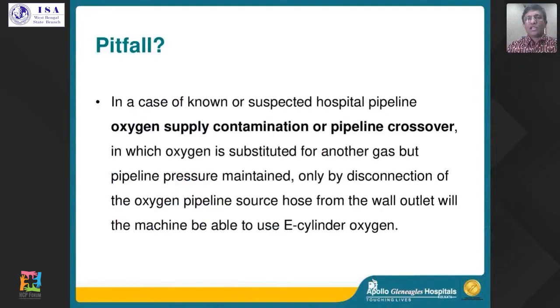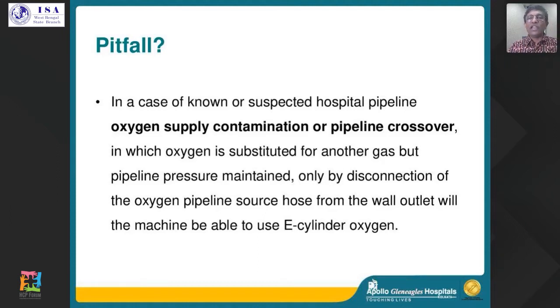So the problem with this is, in the case of a suspected hospital pipeline oxygen supply contamination or a pipeline crossover, in which oxygen may be substituted by another gas and the pipeline pressures are maintained, then that gas will continue to be delivered to the anesthesia machine, and it will not be the oxygen from the cylinder.